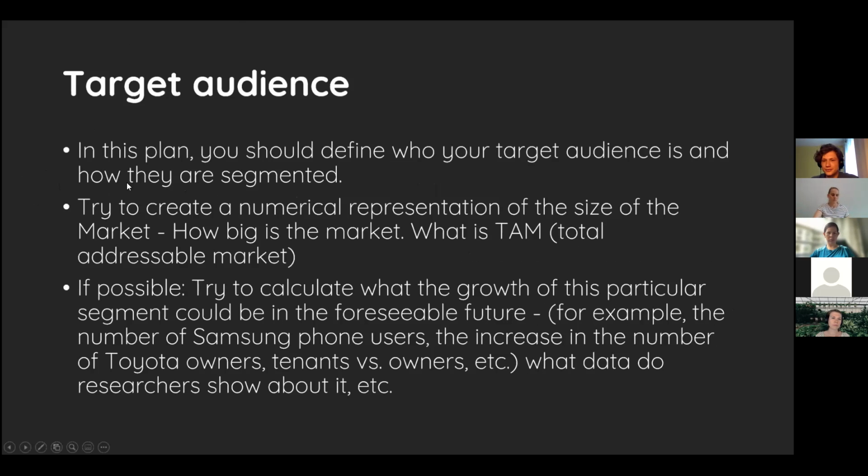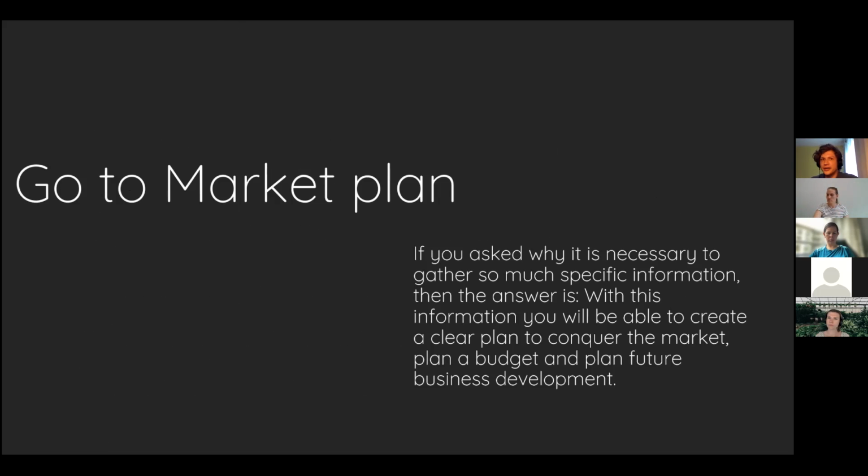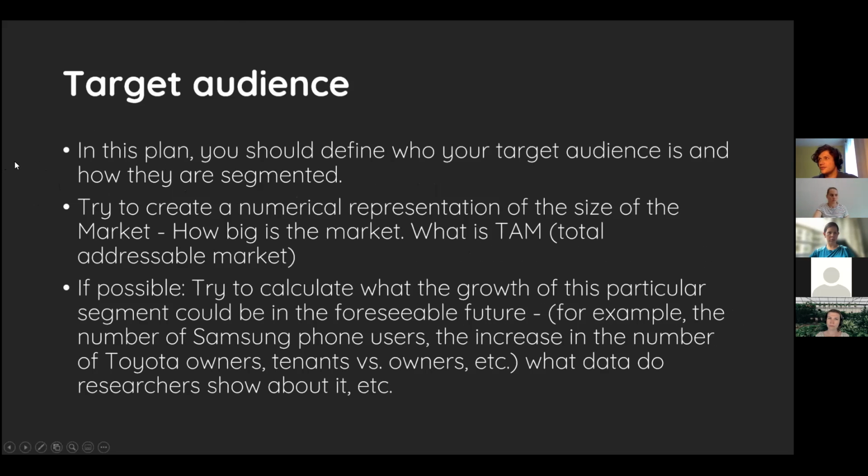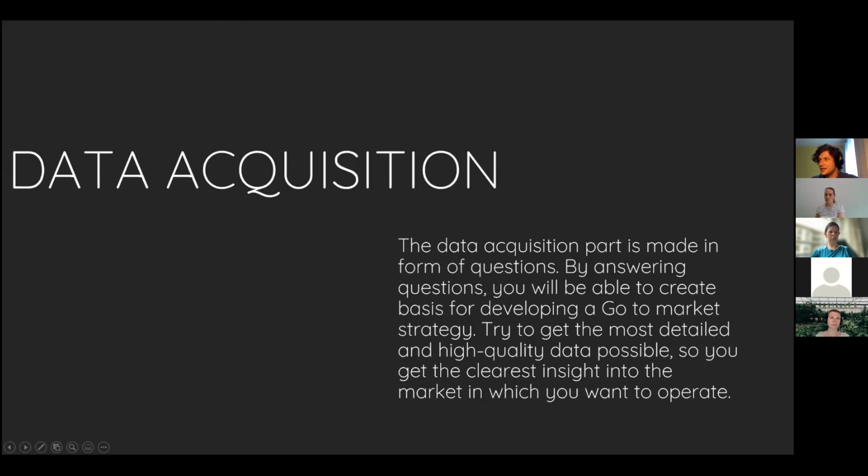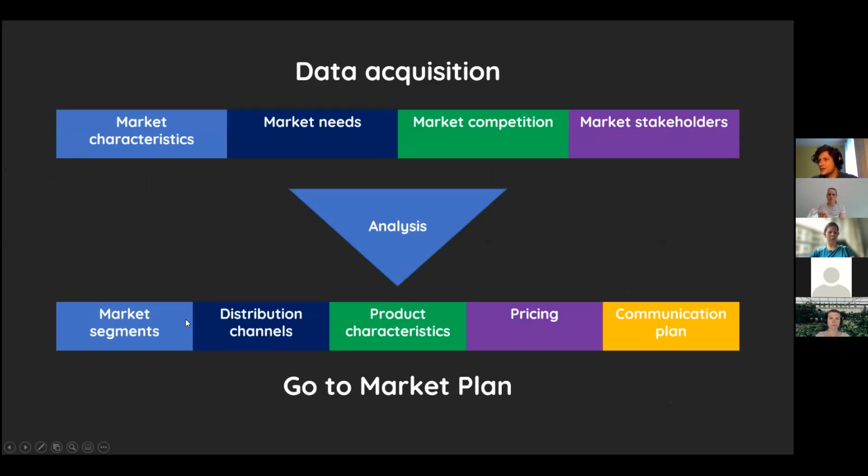So your go-to-market plan will consist of the target audience. And let's go back to this slide. So the analysis, and so this is market segments, distribution channels, product characteristics, pricing, communication plan. So these 5 will be parts of your go-to-market plan.